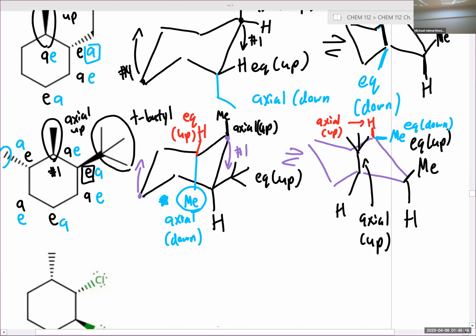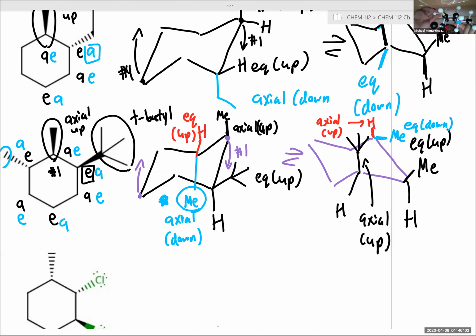So in that point, because you're dealing with a different perspective than that of dash wedge notation, it's inappropriate to use dash and wedge when you're drawing a chair conformation, because the chair conformation is a side-on view, while with dash wedge, it's like you're looking at it as if the cyclohexane ring was completely flat and you're looking at what substituents are pointing out towards you or away from you. Does that make sense? Does that help clarify? So these two pictures are describing the same molecule, just different perspectives. And that's going to be really common in organic chemistry.